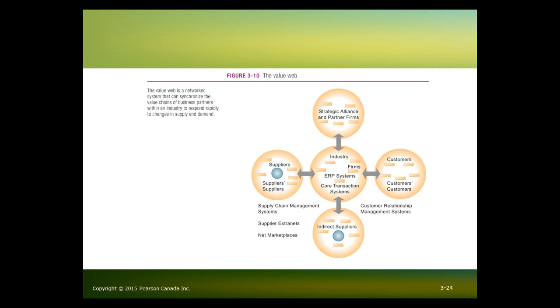So now you have kind of a Porter model on steroids here, called the value web. So yeah, it's still kind of a Porter model, right? It's still the industry and firms battling it out in the center with suppliers, customers, and partner firms and indirect suppliers. These are new to the model.